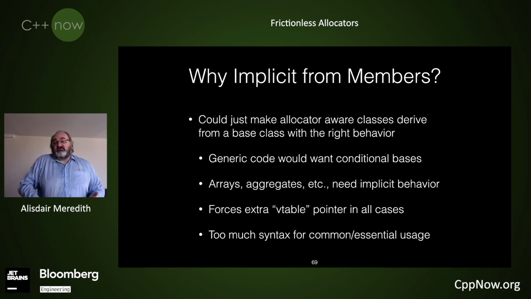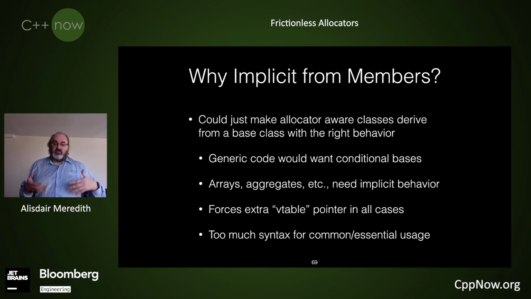But the more important is, arrays, aggregates, my original sources of friction, they can't work without the implicit behavior, because I can't make them arrays or aggregates. Aggregates can't again derive from types with vtables. I'm getting myself confused now. I think aggregates don't derive from empty types, so without vtables.